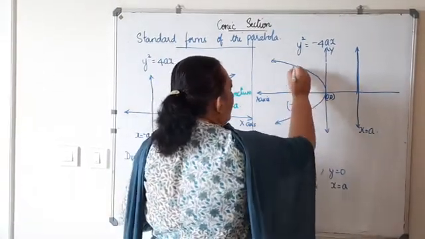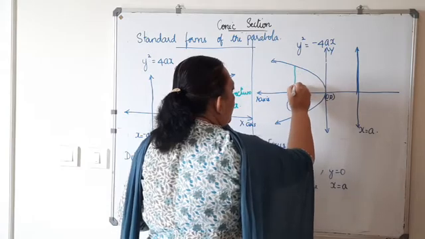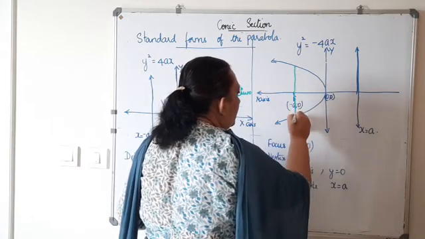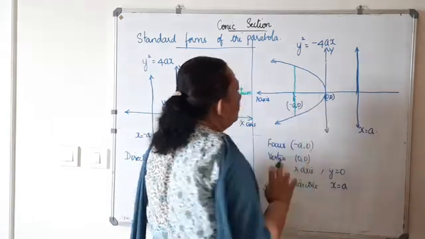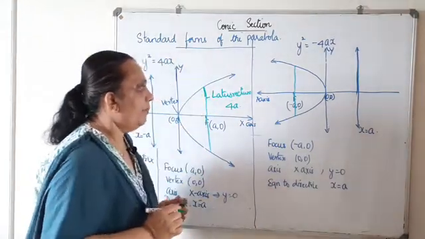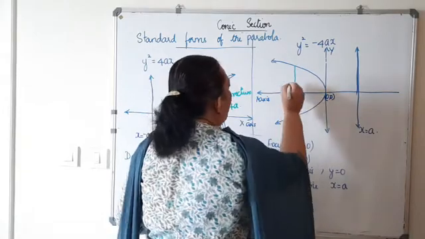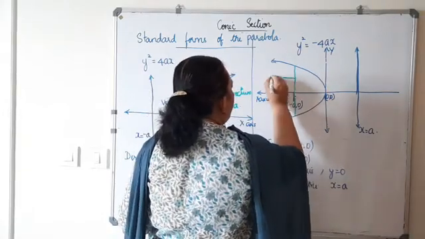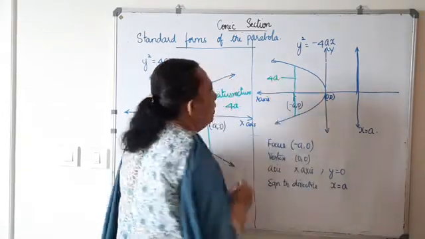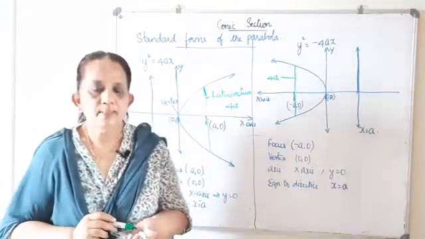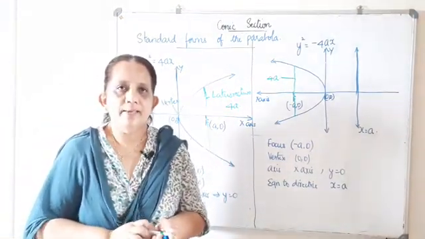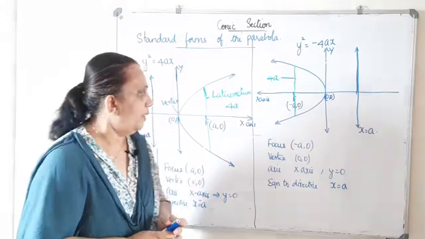It is a line segment passing through the focus perpendicular to the axis and whose endpoints lie on the parabola. It is called as the latus rectum, and the length of the latus rectum is equal to 4a. For all types of parabolas, the length of the latus rectum is always equal to 4a.